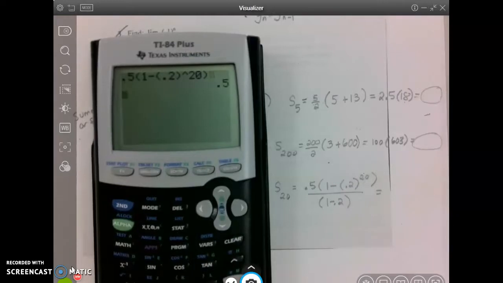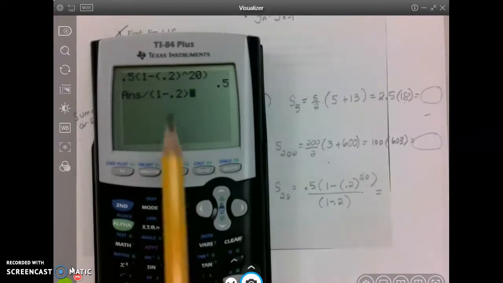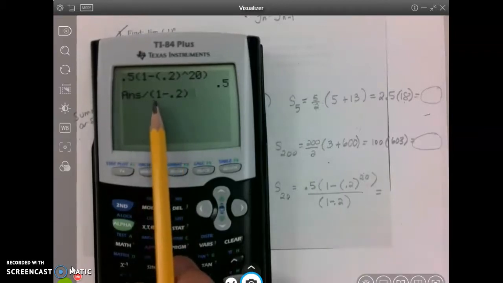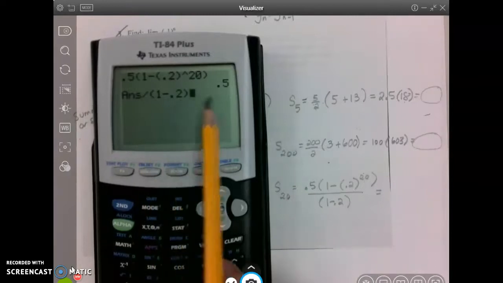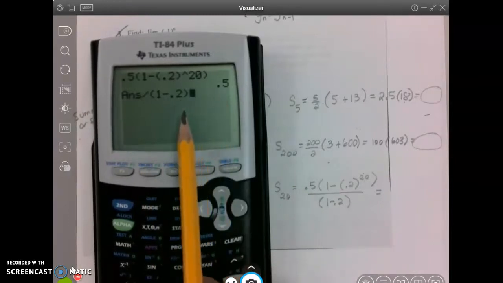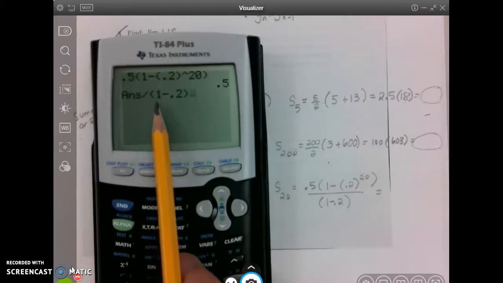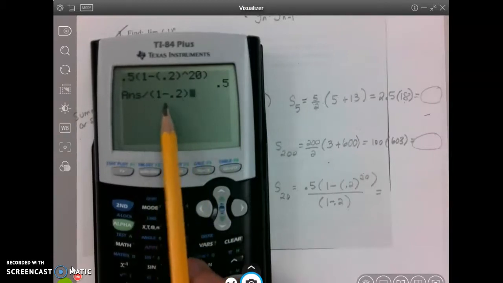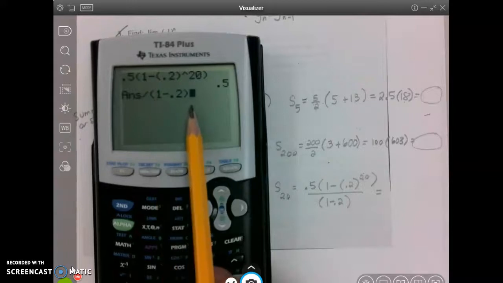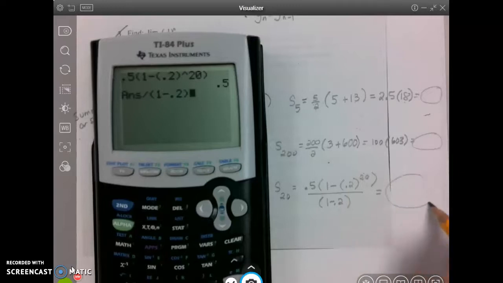I hit enter, and then I divide by, I know that this is 0.8, but if you don't recognize that, you need to use parentheses divided by 1 minus 0.2. If you forget the parentheses, it will divide the answer by 1 and just subtract 0.2, which means it would give you 0.3. That's not the correct answer. You need to divide by the sum, 0.8. So you either need to put it in parentheses or do that subtraction in your head. You hit enter, and you will get your final answer.